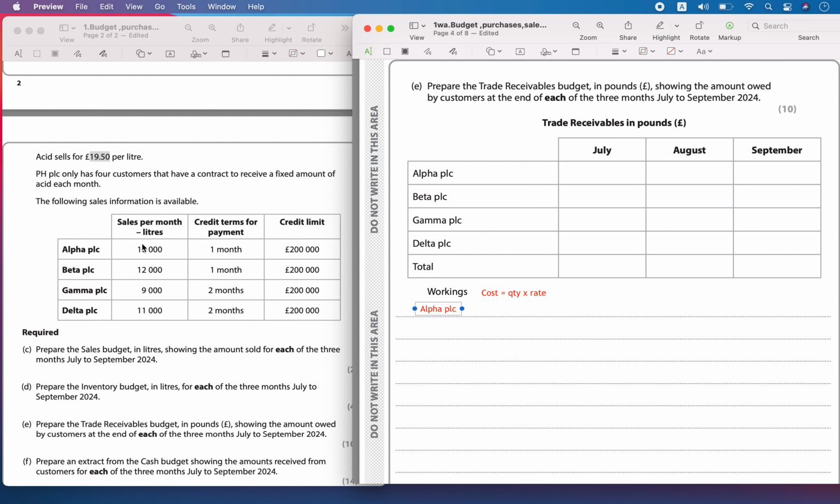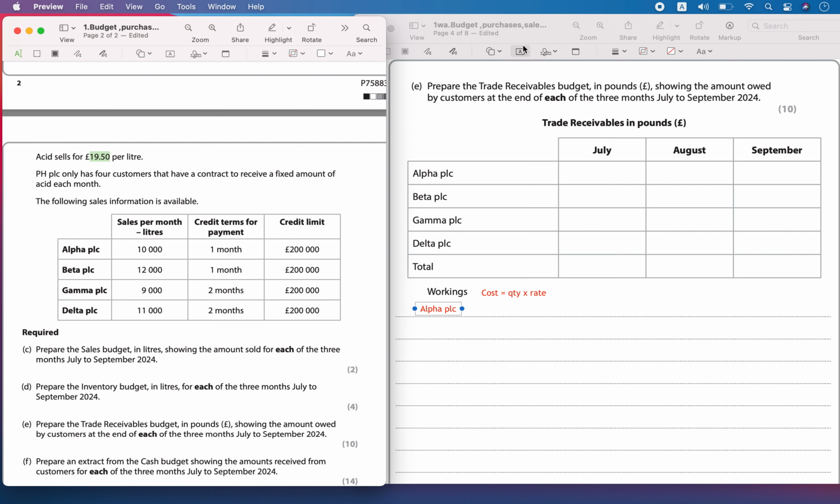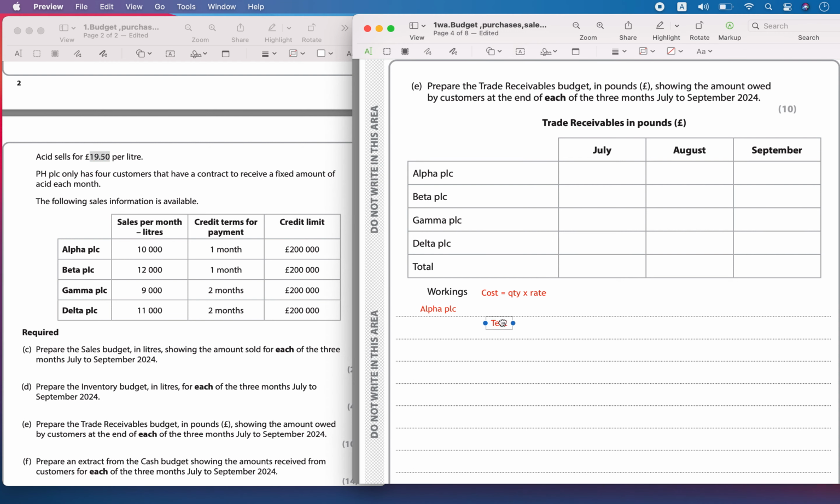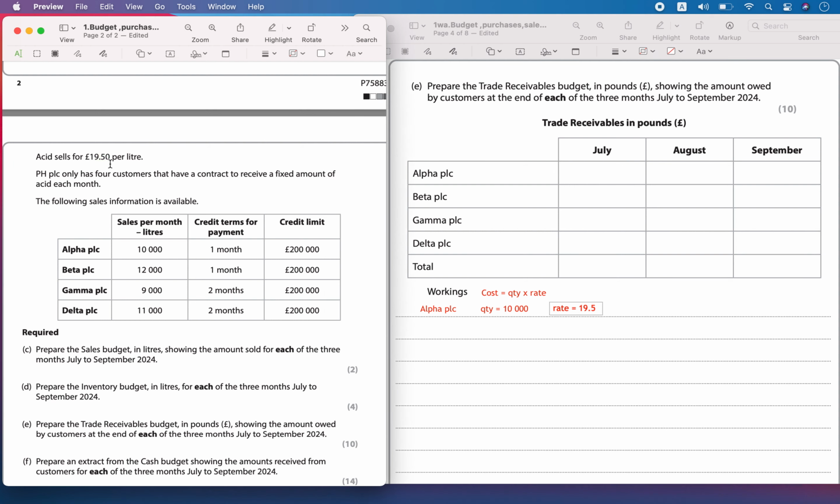For Alpha PLC, the quantity is equal to 10,000 and the rate is equal to 19.5 pounds.